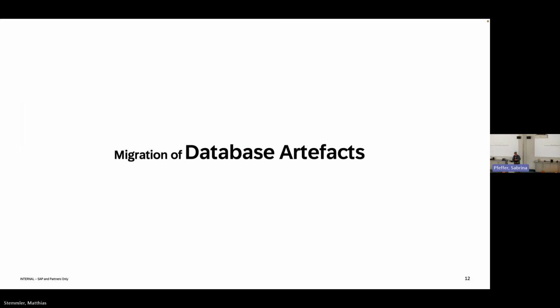Okay, as I said, in many of my current projects we have a very big HANA native system, and we want to put this into HANA Cloud. The first thing is, this is quite an easy task. It's not as complicated as you think.